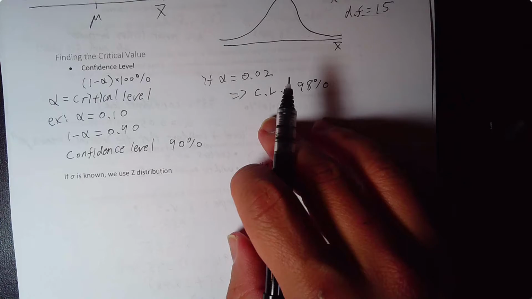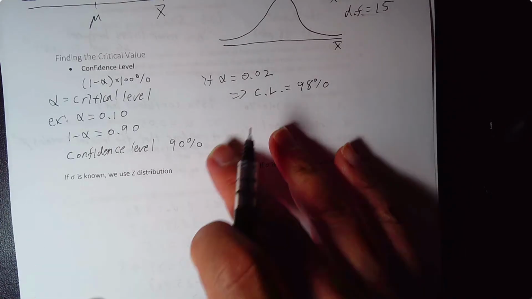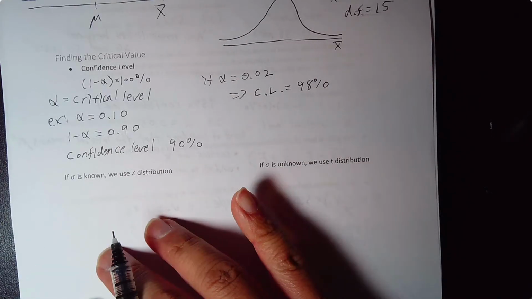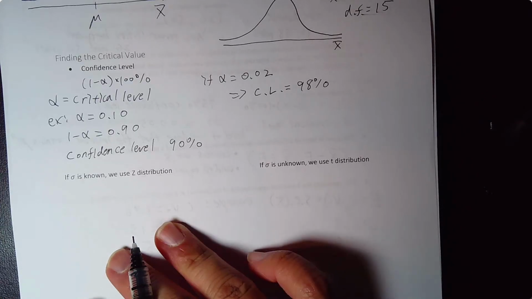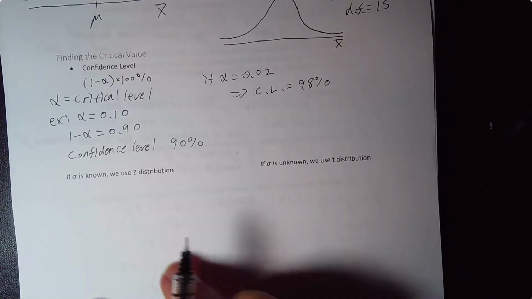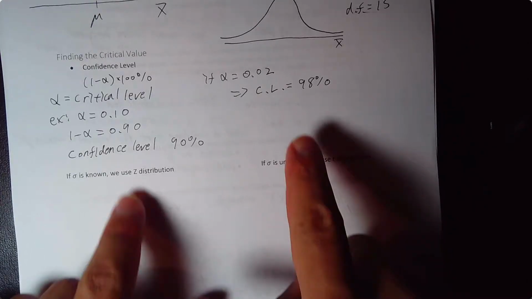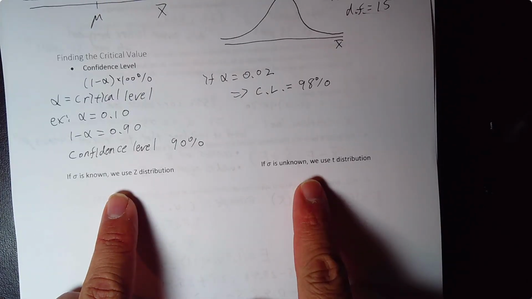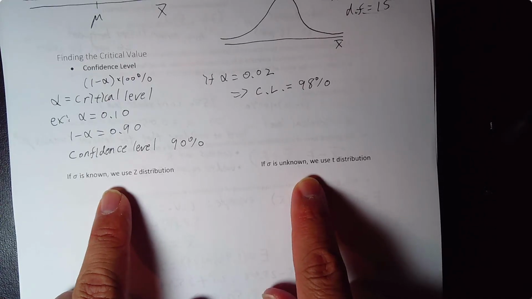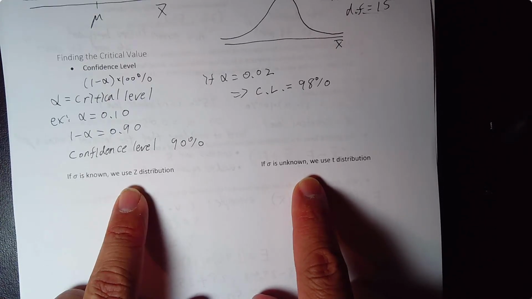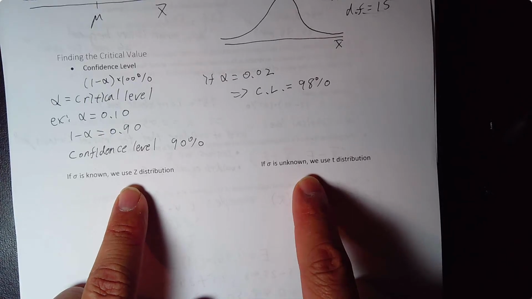Now, once you understand the confidence level, we can locate our critical value. Whenever we look up a critical value, we need to first be aware: do we know sigma? If we know sigma, then we use the z distribution, the standard normal. If we don't know sigma, then we use the t distribution.